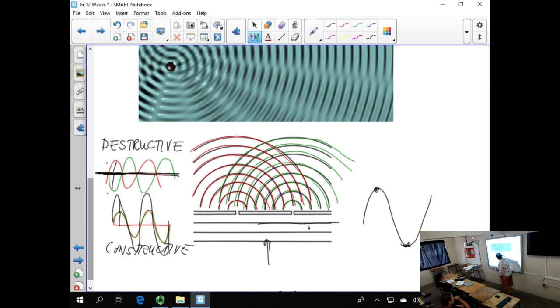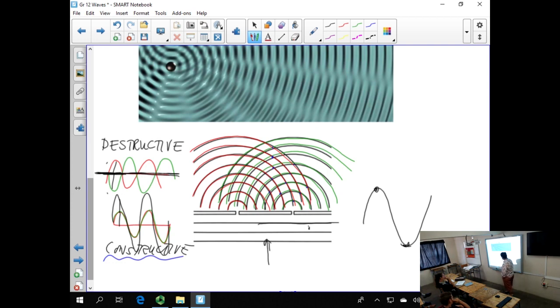What is going to happen in terms of which one do we have? Yes, I have constructive interference. Can you see that? All right. But now I need to use, okay, I'll take the black one.